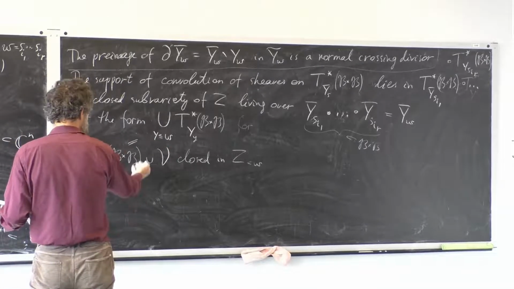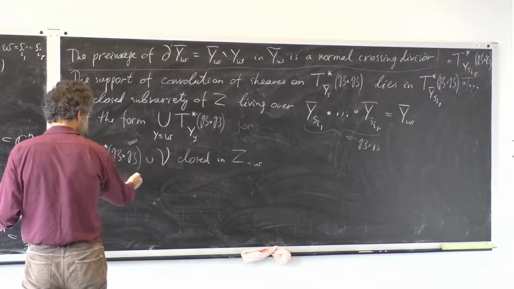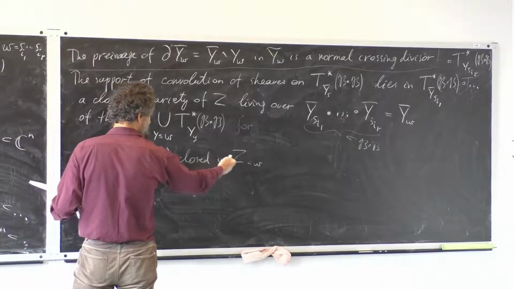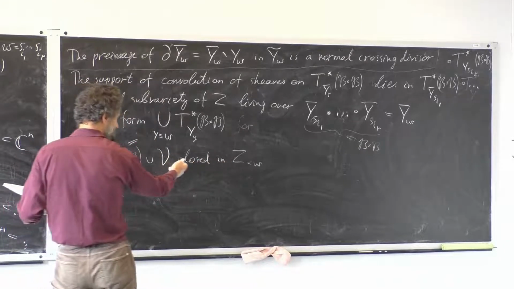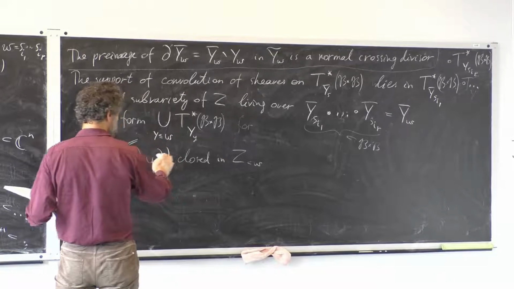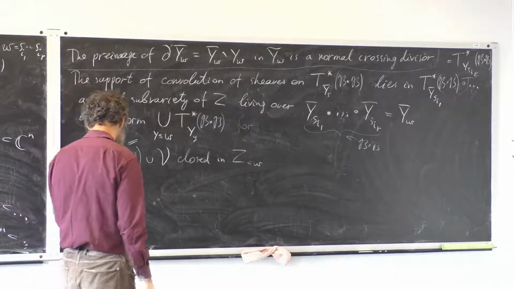So the open part is just as we wanted, and there is some junk in the boundary that is in the smaller filtration piece, so we don't worry about this.